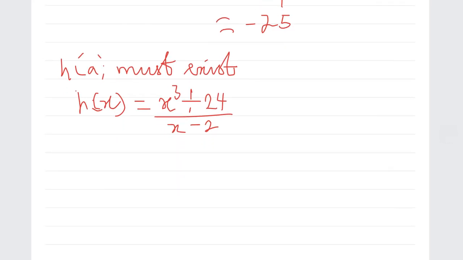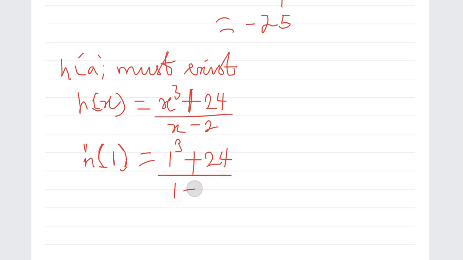So our h of a, which is h of 1, will be: anywhere I see x, I'll put 1. So that will be 1 raised to power 3 plus 24, all over 1 minus 2.